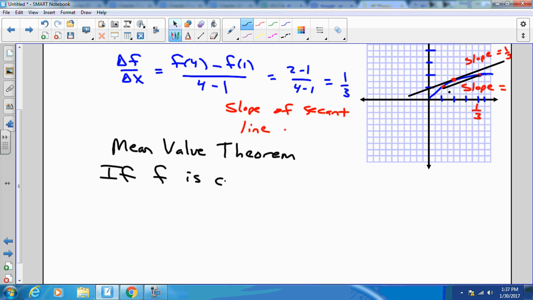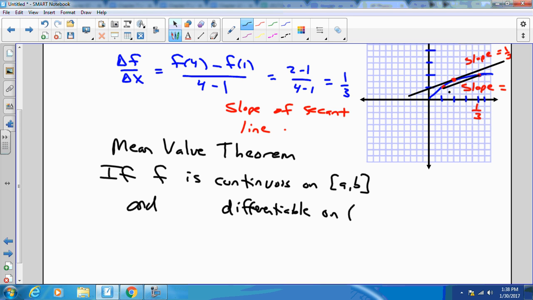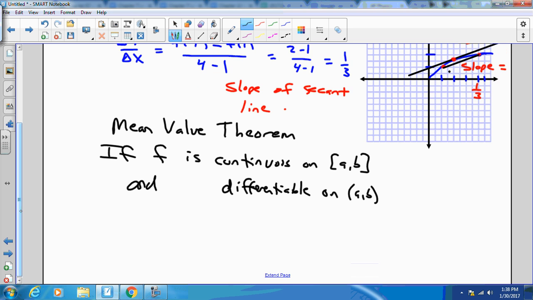If f is continuous on the closed interval a to b, and it is differentiable on the open interval a to b. Notice no mention of f of a and f of b.